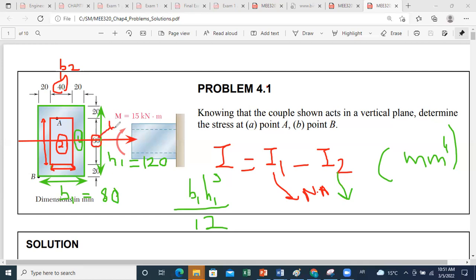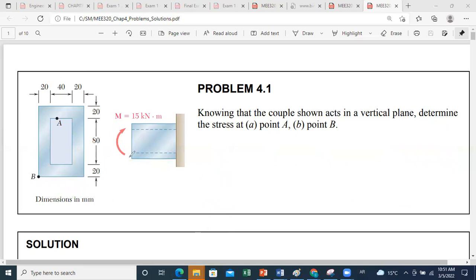So now I just have to replace these dimensions to get I2, which is B2 times H2 cube over 12. Okay, and now all we have to do is just replace and get the numerical values. So until now we got I, we know the value of I.